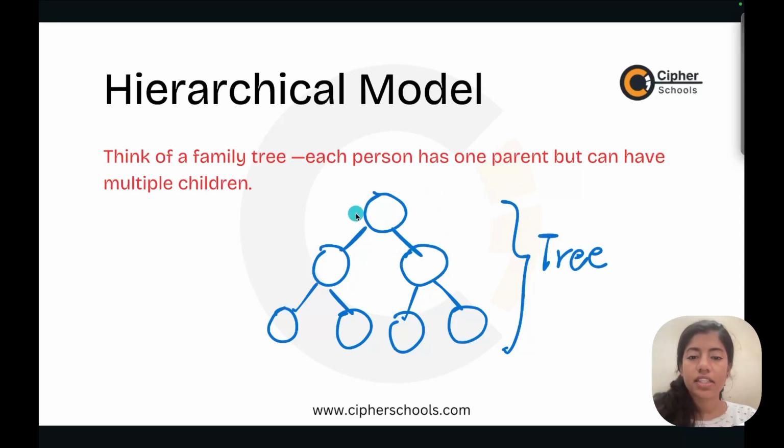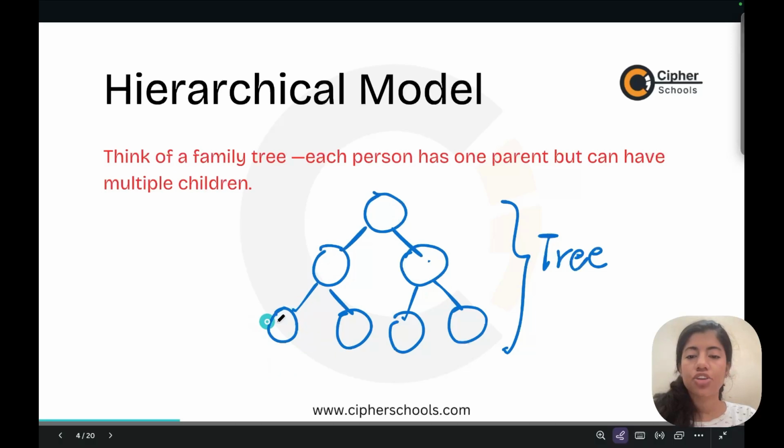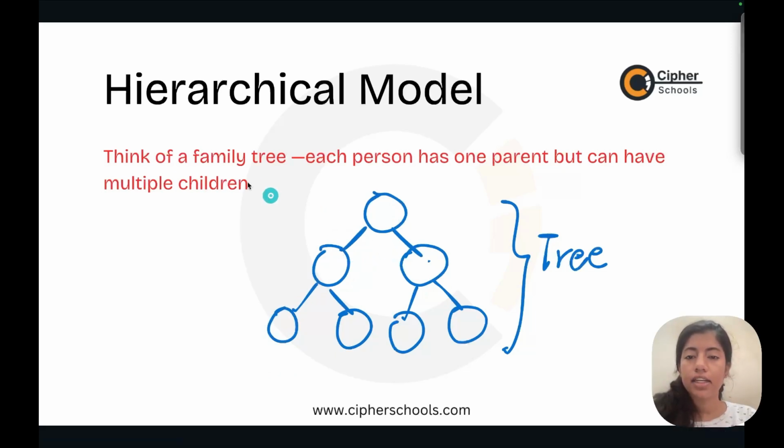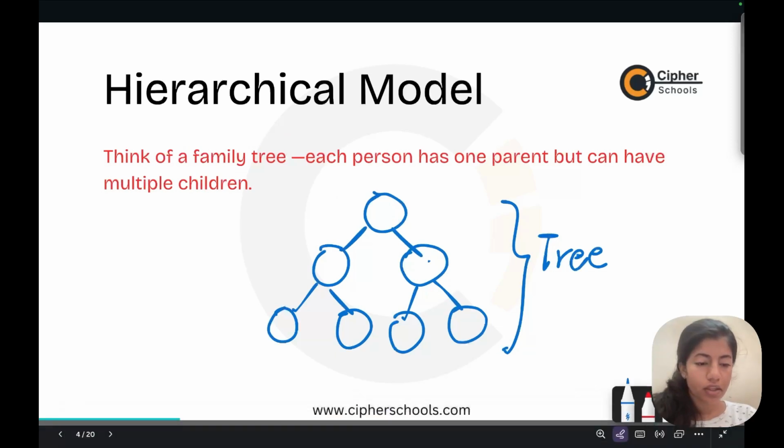So we can say that there is one parent and the parent has multiple children. No child can have multiple parents here. Each child can have only a single parent. This is exactly what happens in the hierarchical model.